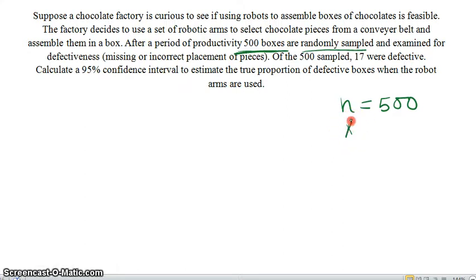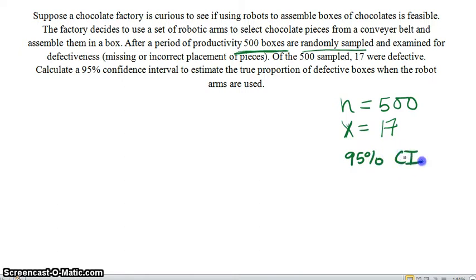X, the number of successes in our sample, was 17. It doesn't make sense that a defective piece would be successful, but success just means the characteristic we are looking for. And the last thing we need is a 95% CI.